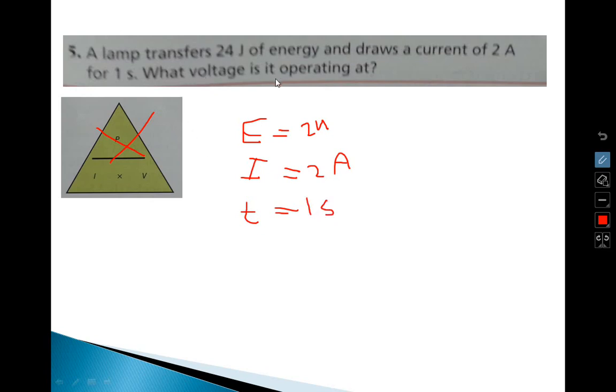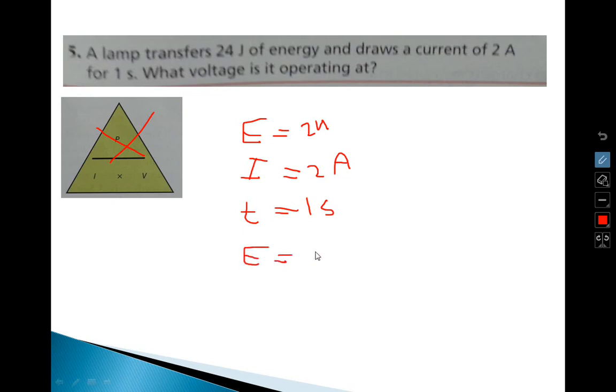So what's the voltage it is operating at? What's the value of V to make this lamp operate? As we said before, it's very easy. Write down the formula.